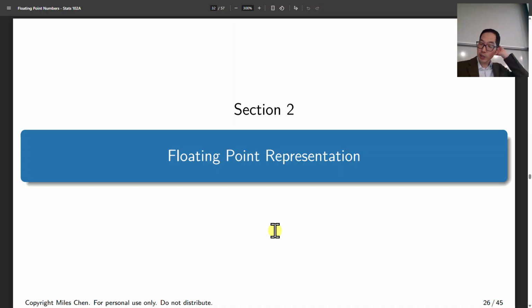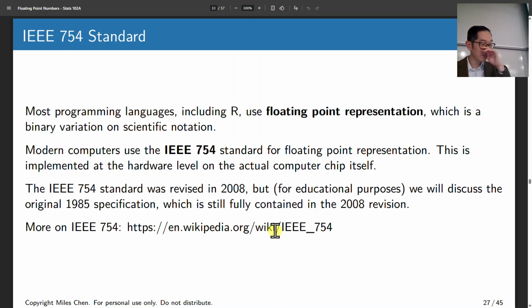So we're going to dive a little bit deeper into how floating point numbers are stored on our computer. There is a computing standard, IEEE 754. This is the standard that electrical engineers decided back in 1985 for how computers are going to represent floating point numbers.